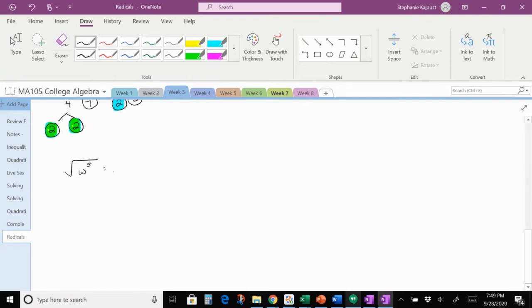So if we're trying to group things in pairs, instead of 5 of them, I can say, okay, I've got 2 of them, another 2, and then 1 left over. So I still have 5 w's there. I've just grouped them differently. I grouped them by 2's because it's a square root.